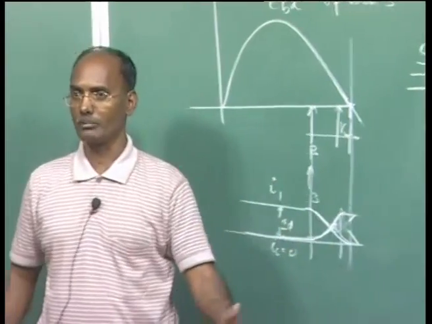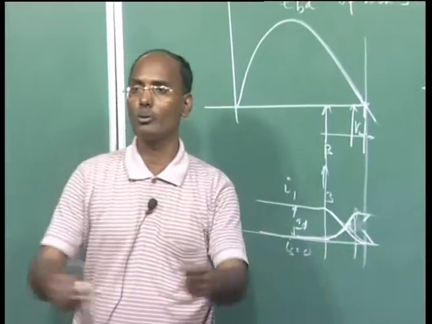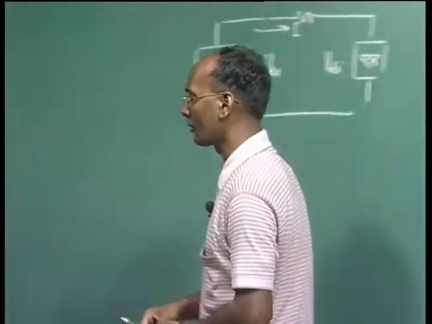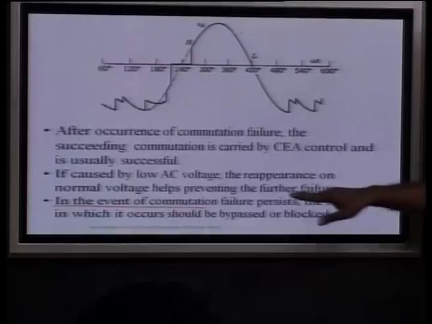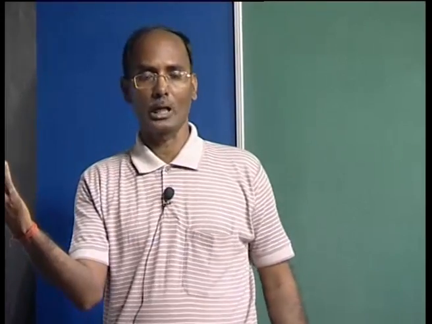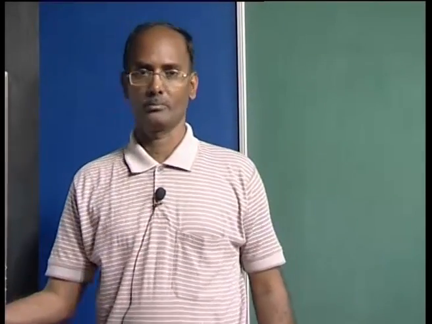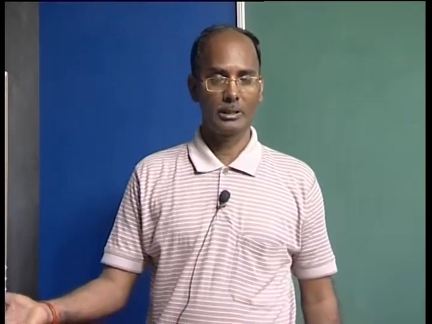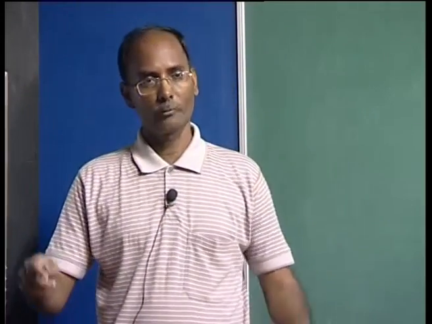That's very much guaranteed, because if this voltage is less, the angle will be larger and your controller will be affected. But if the voltage comes back to normal, then there may not be commutation failure. But if it is continuously low voltage, then we have to act so that we can reduce the voltage and operate accordingly.